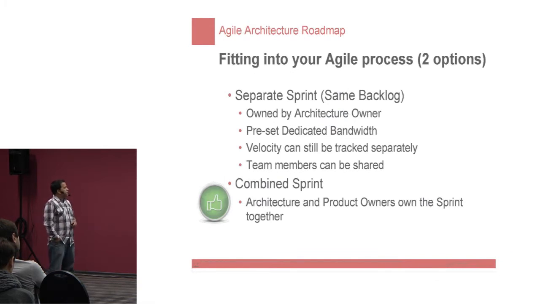And in terms of fitting into our Agile process, we entertained two main ways of tackling this. One was having a separate sprint altogether, a separate team that would just take the architecture work while the other teams do product, and also be able to borrow developers from the product work, having two parallel sprints.